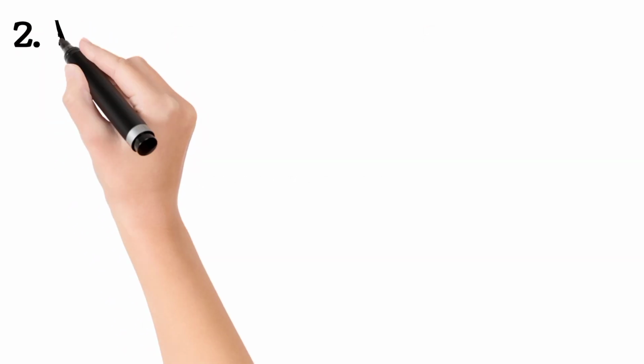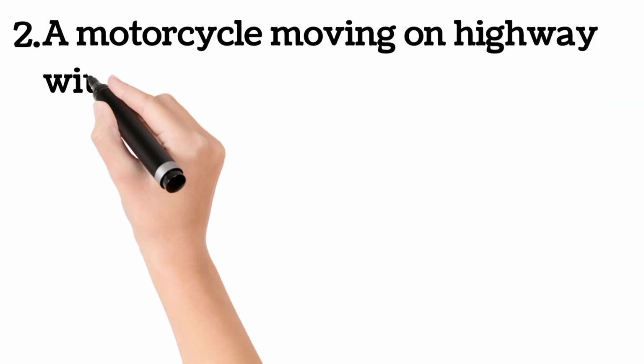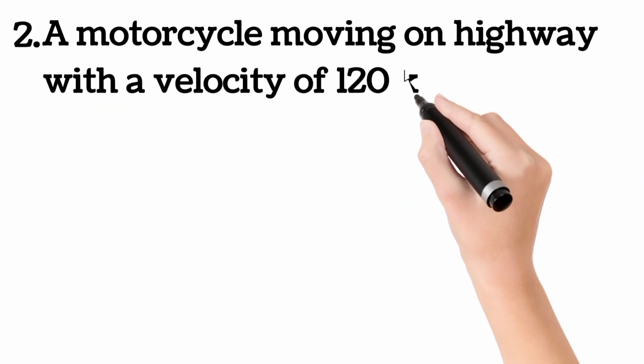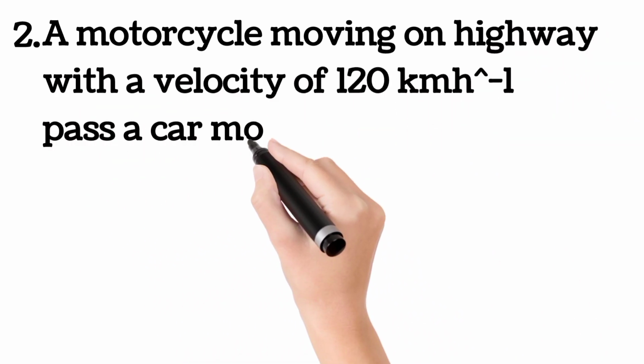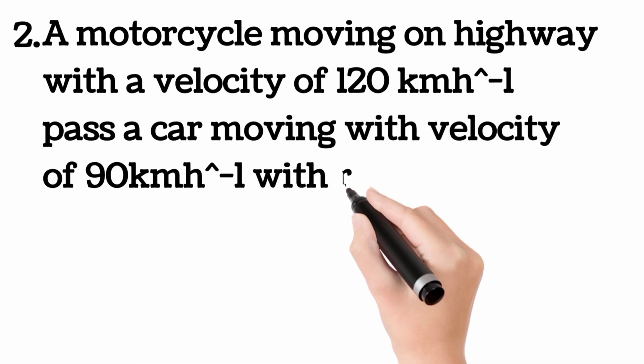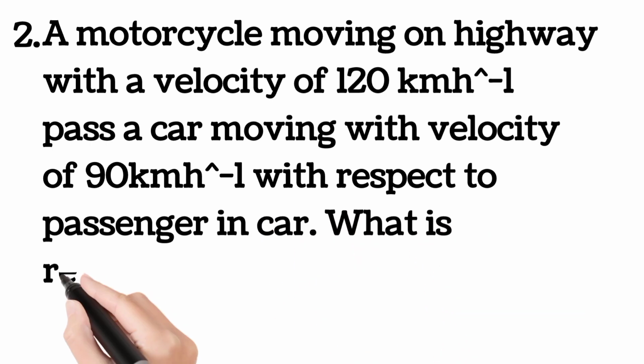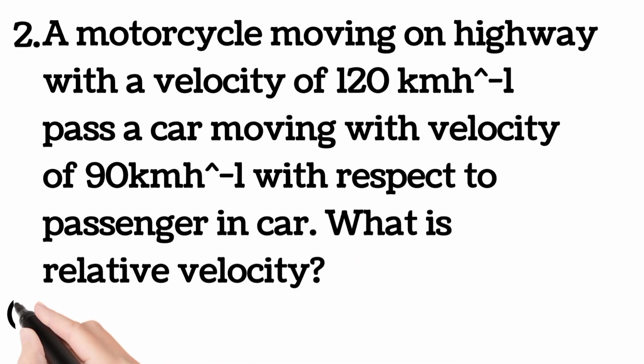The second MCQ is: a motorcycle moving on a highway with a velocity of 120 km per hour passes a car moving with a velocity of 90 km per hour. With respect to the passengers in the car, what is the relative velocity?